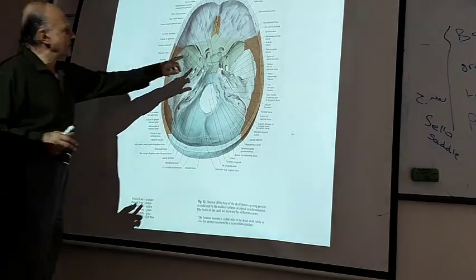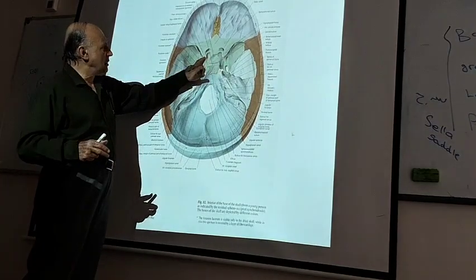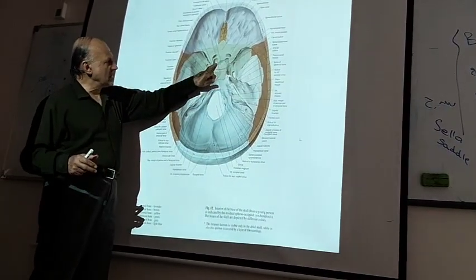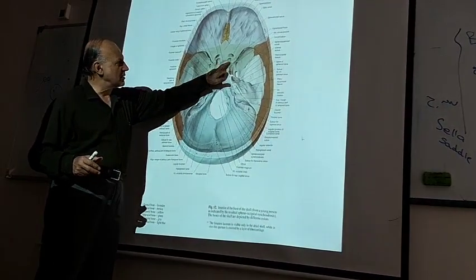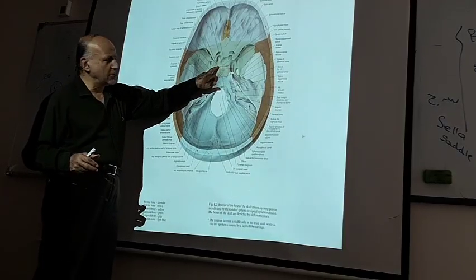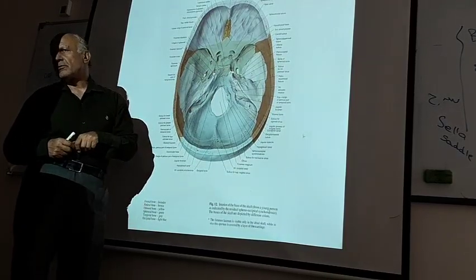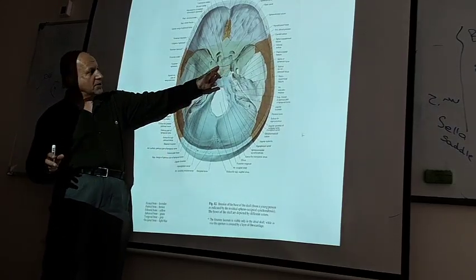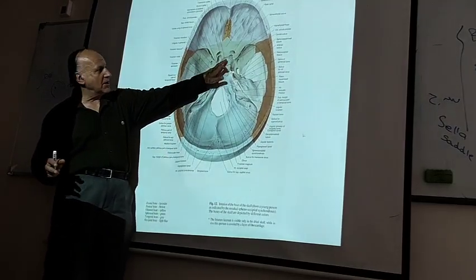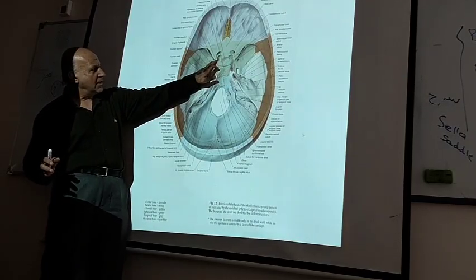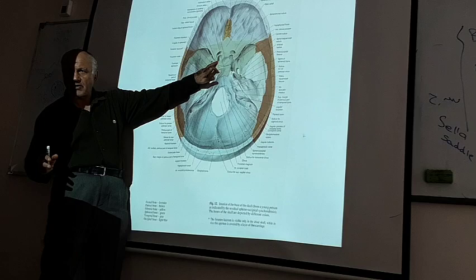This is the anterior clinoid process. This is for the lesser wings. Here is the middle clinoid process. And in the dorsum sellae, it is the posterior clinoid process. I repeat, the posterior clinoid processes are two, the middle clinoid processes are two, and here is a part of the lesser wing.